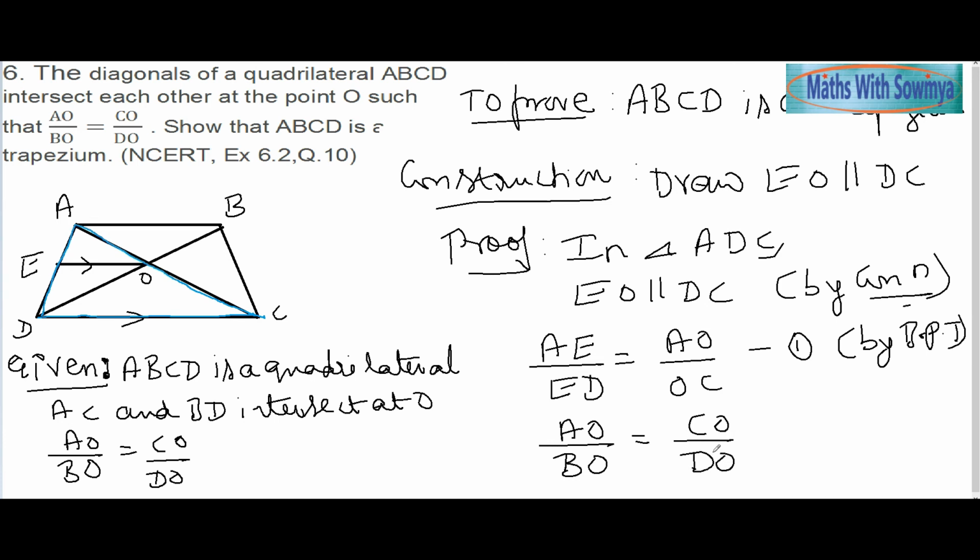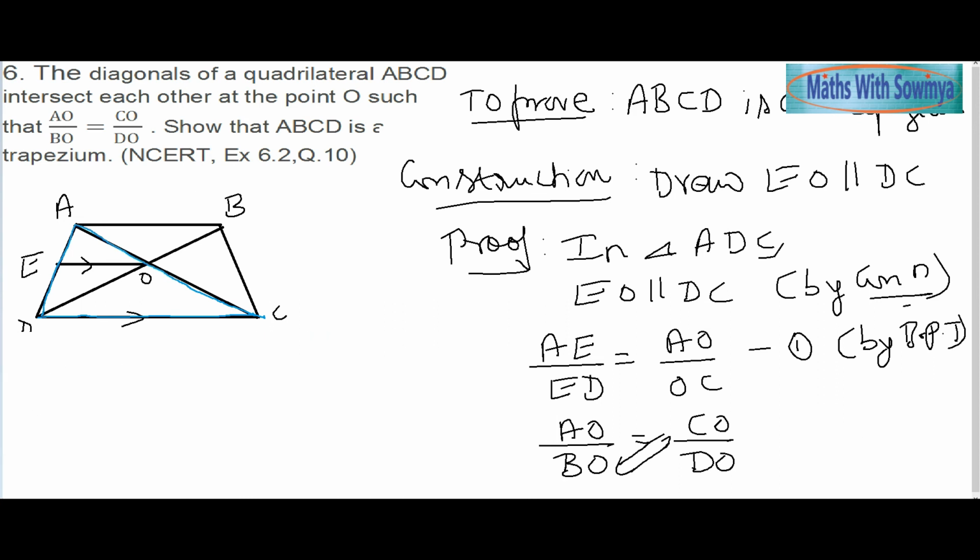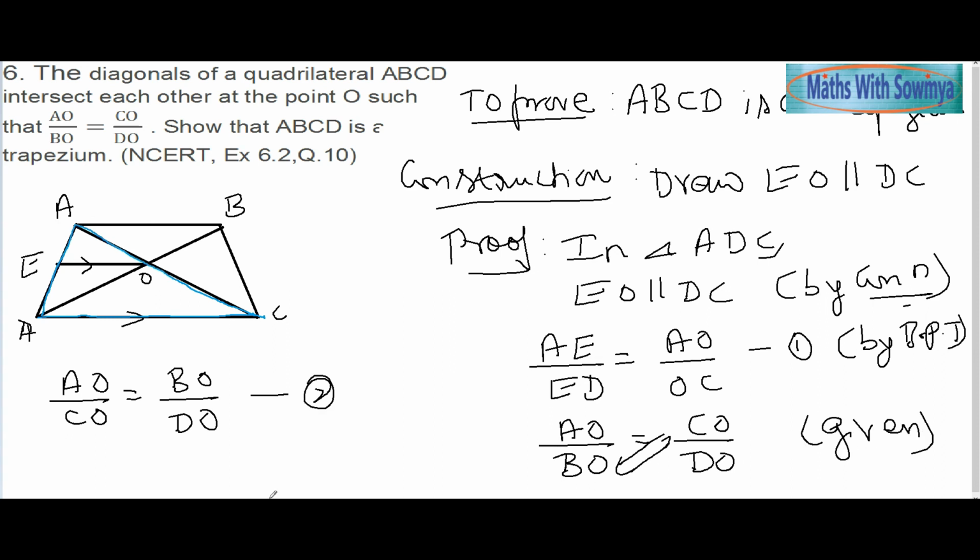Now I shall do the cross multiplication here back. So when I do the cross multiplication back, what will I be getting here? AO by CO is equal to BO by DO. This is my 2. So from 1 and 2, if you see, AO by CO is equal to BO by DO.